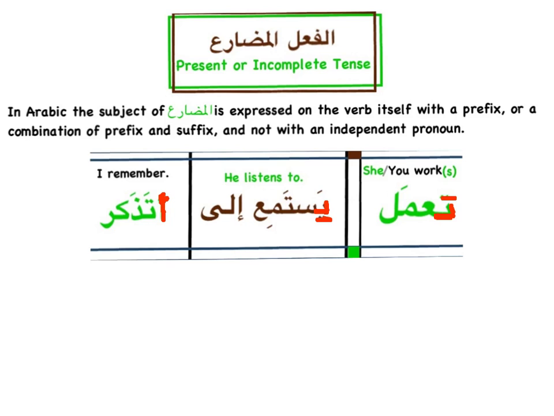When you see the ألف, you know that the subject pronoun I is speaking in the sentence. So these are the prefixes that would tell you what is the subject instead of having an independent pronoun.